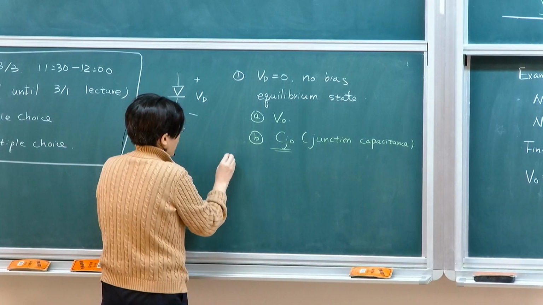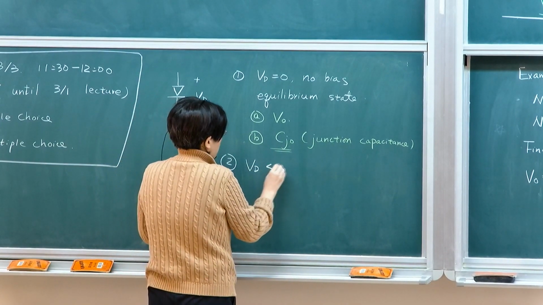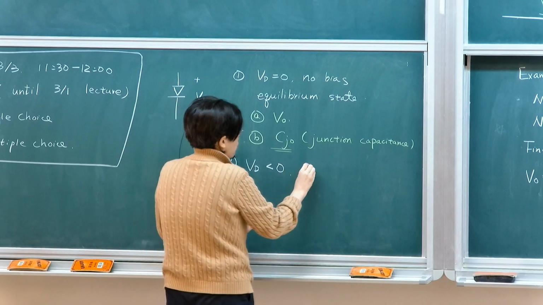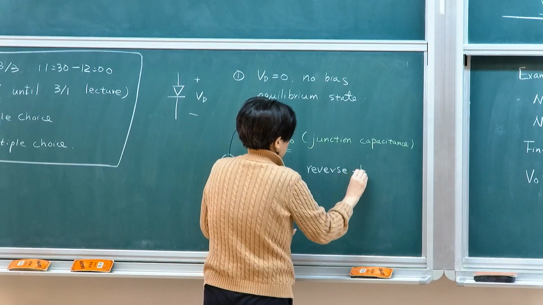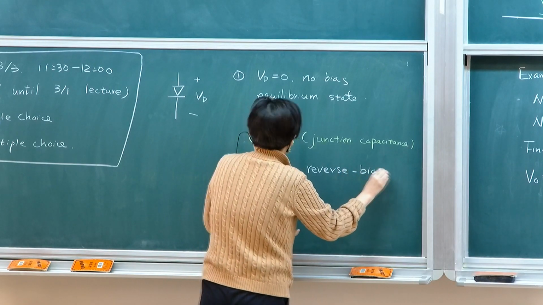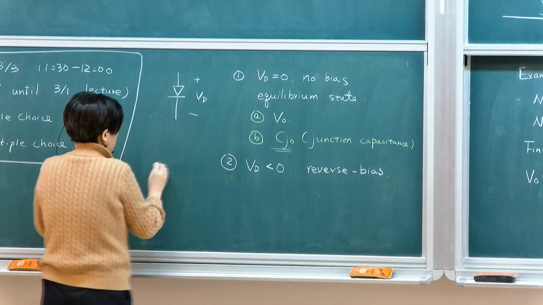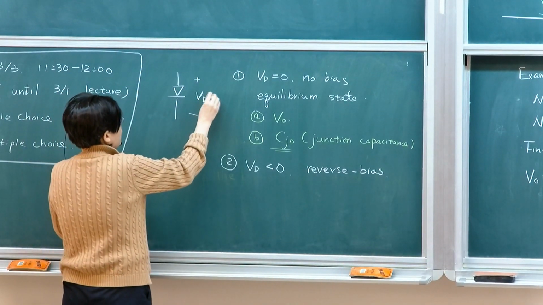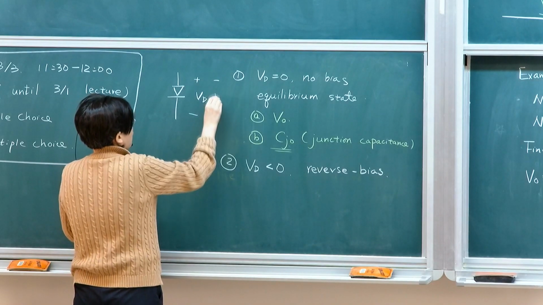Okay, the second part we're going to look at is if I'm adding VD, which is smaller than 0. This is called reverse bias. So VD is smaller than 0, meaning the voltage is applied in the inverse direction.